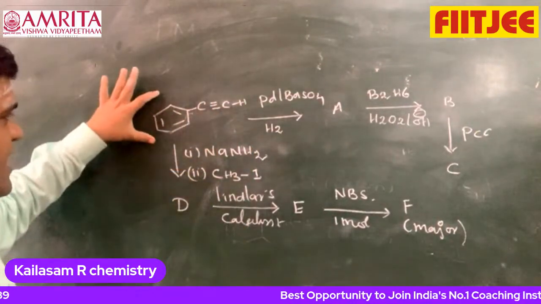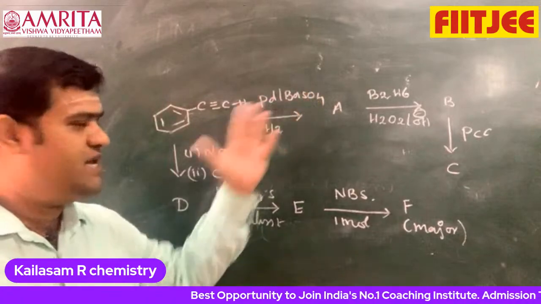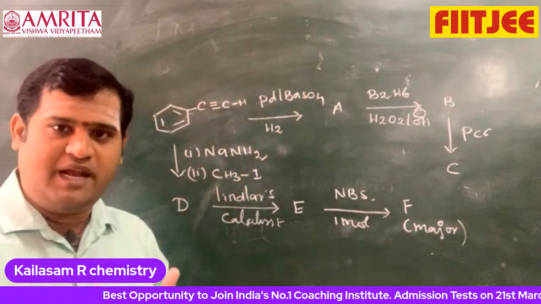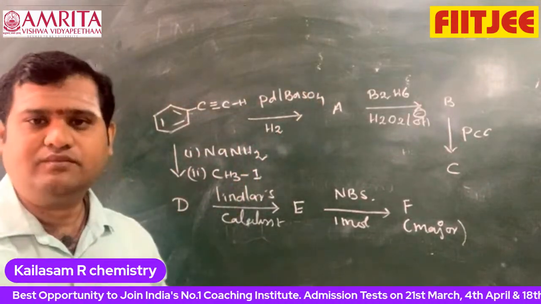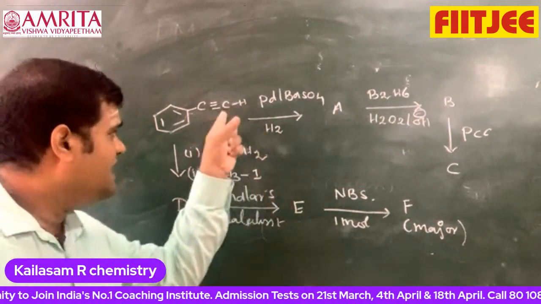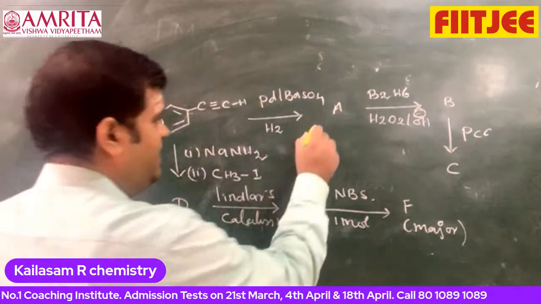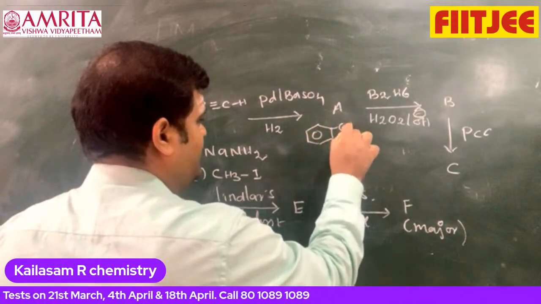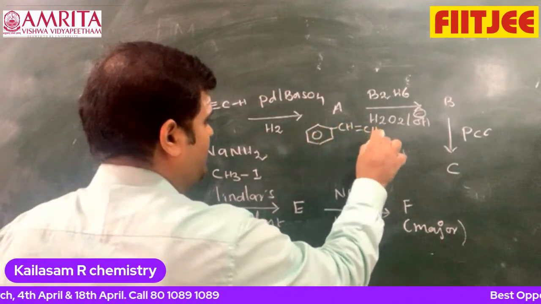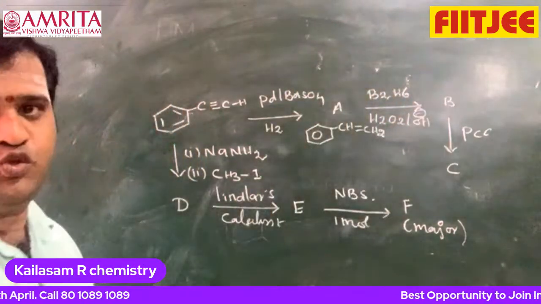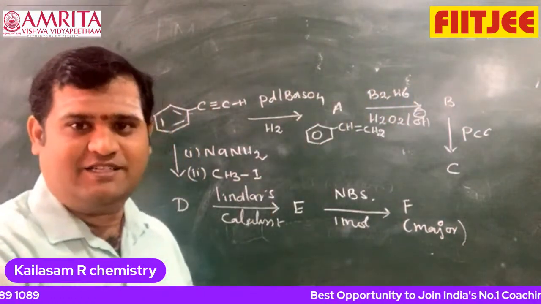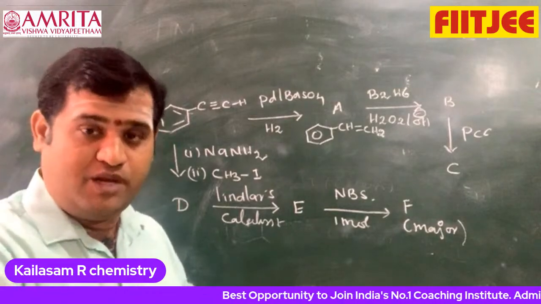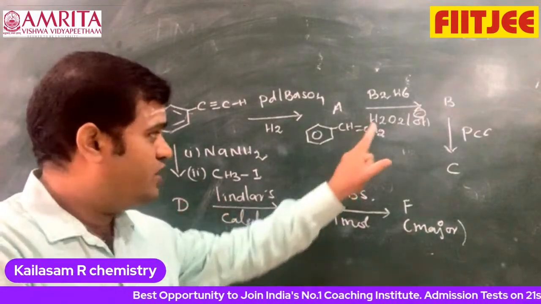Now I have taken phenylacetylene. What is the role of palladium barium sulfate? We know that palladium barium sulfate is a Lindlar catalyst. The alkyne becomes an alkene, I'm writing CH double bond CH2. And I'm going to use B2H6, H2O2, OH minus. What does it do? It's a hydroboration oxidation, which means boron is always going to attack the terminal carbon.